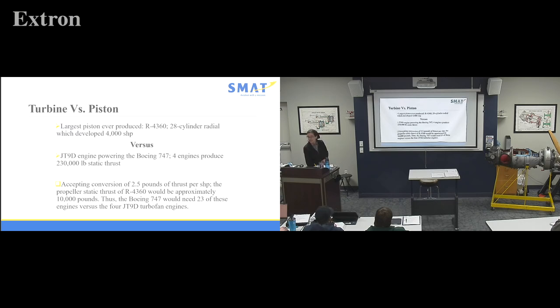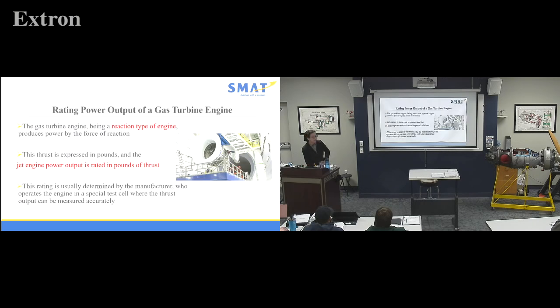Is that measurement being done at a specific distance from the engine? Are there standards for that? Is that typically done at a specific distance from the exhaust of the engine? I'm not sure how the test cells are set up, but it's probably relatively close.